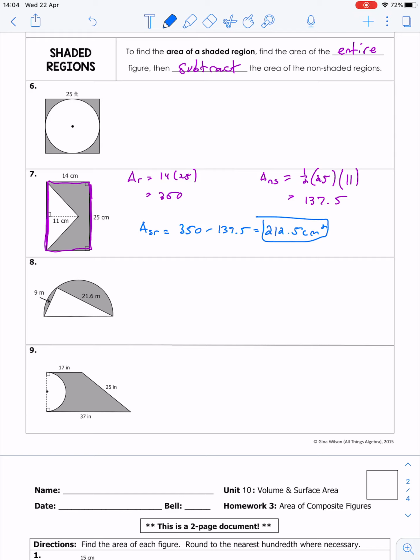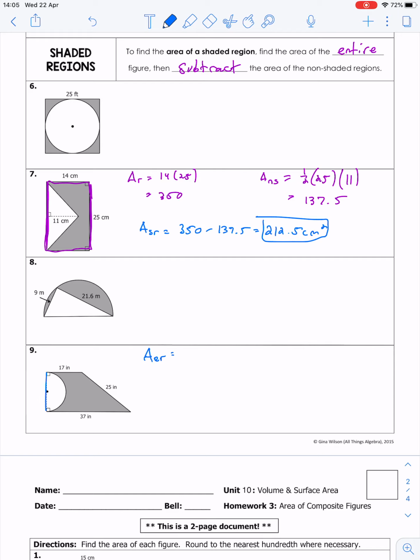We actually have a trapezoid we could be working with here, or we could break it into a rectangle and a triangle. Both work. We could do either one. I'm going to do the trapezoid. So the area of the entire region is just the area of the trapezoid.